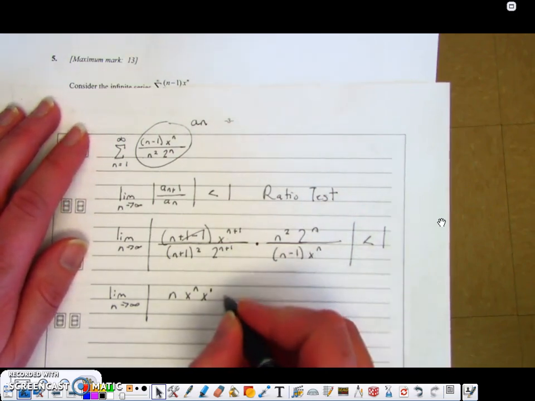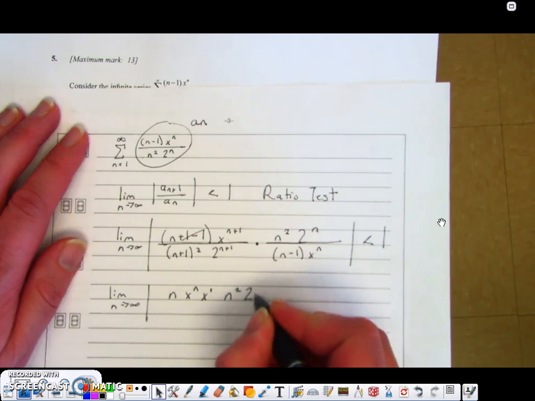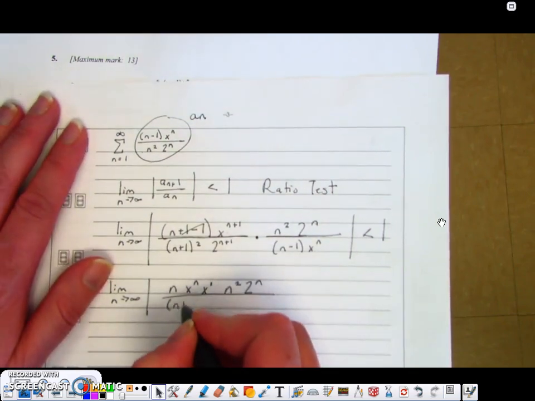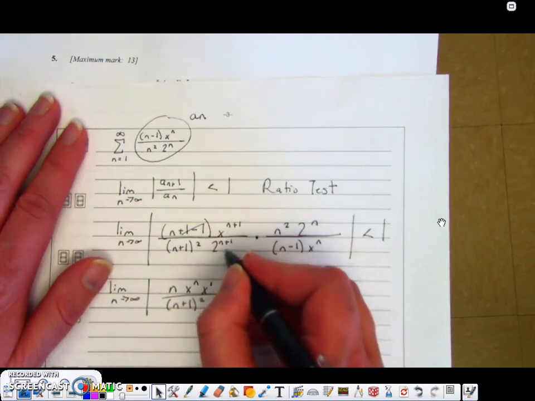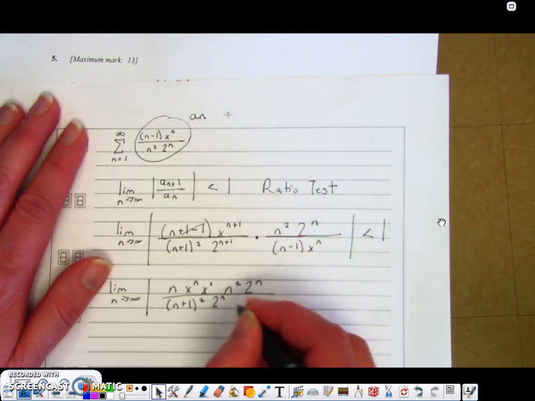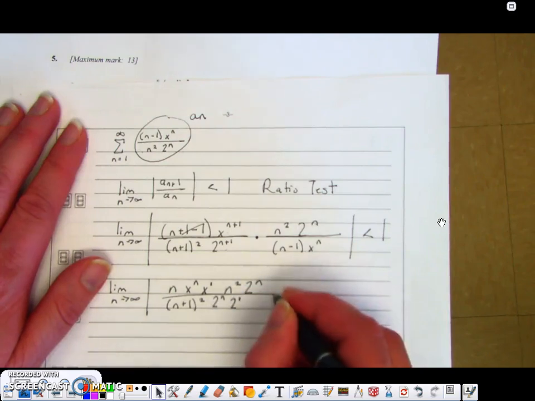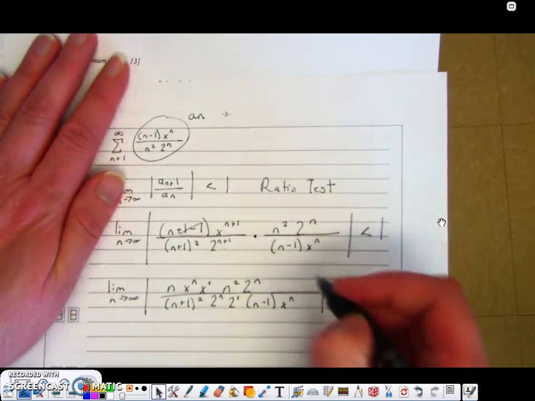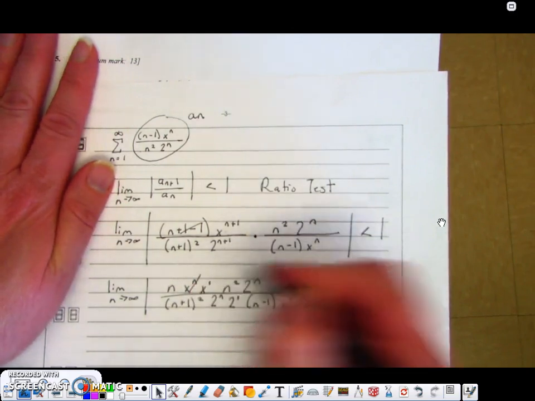We have n squared and 2 to the n in the numerator. In the denominator, we have n plus 1 squared, and we can separate this out to be 2 to the n times 2 to the 1, and then we have n minus 1 and x to the n. Now we can cancel our x to the n's.